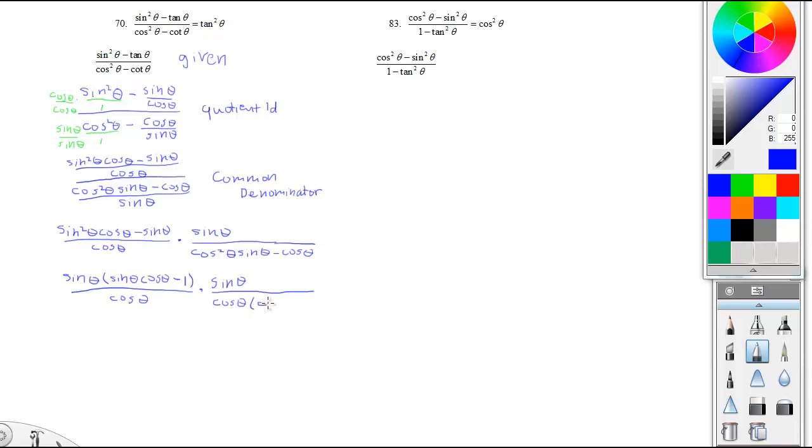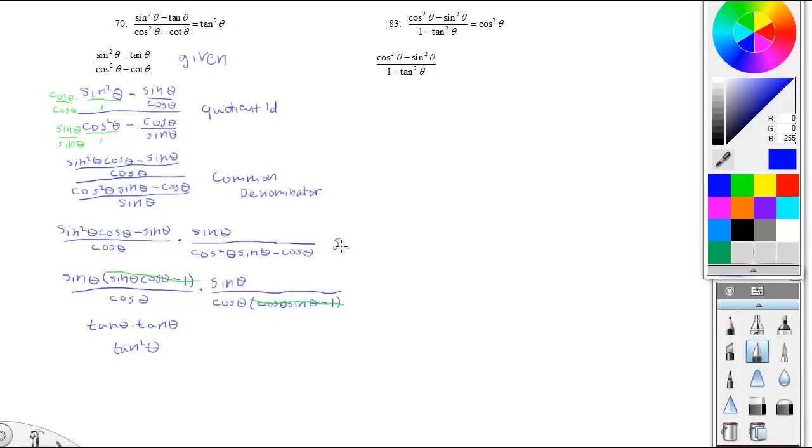And after I do that, I get cosine theta times sine theta minus 1. And then sine theta times cosine theta minus 1 is the same factor as cosine theta times sine theta minus 1. So those cancel, and I have sine theta over cosine theta, which is tan theta. And I have sine theta over cosine theta, which is tan theta. And so I get tangent squared theta.